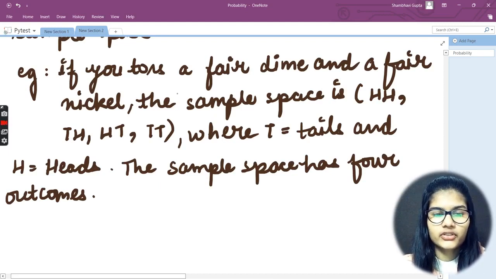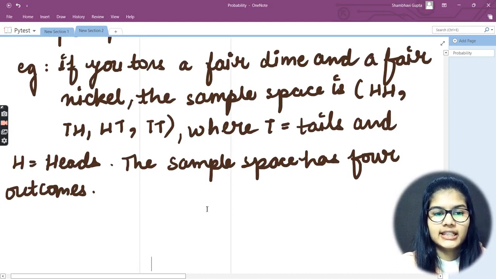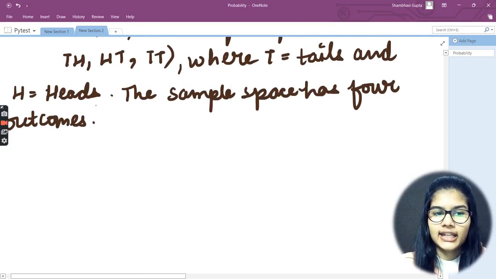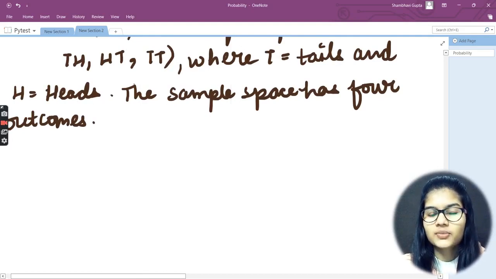If you toss a fair dime and a fair nickel, the sample space is HH, HT, TH, and TT, where T refers to tails and H refers to heads. The sample space has four outcomes in total.